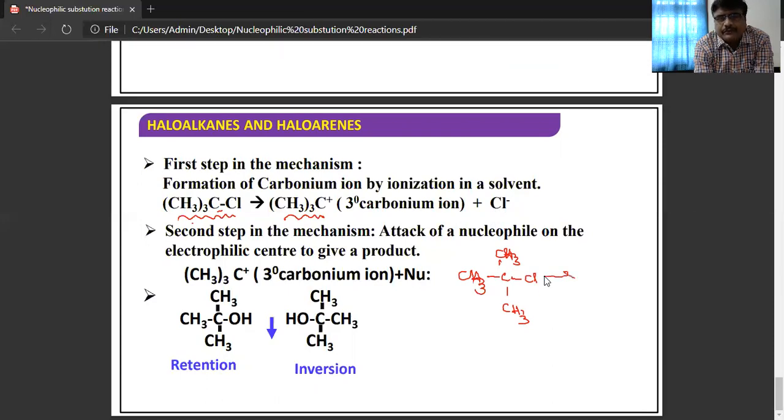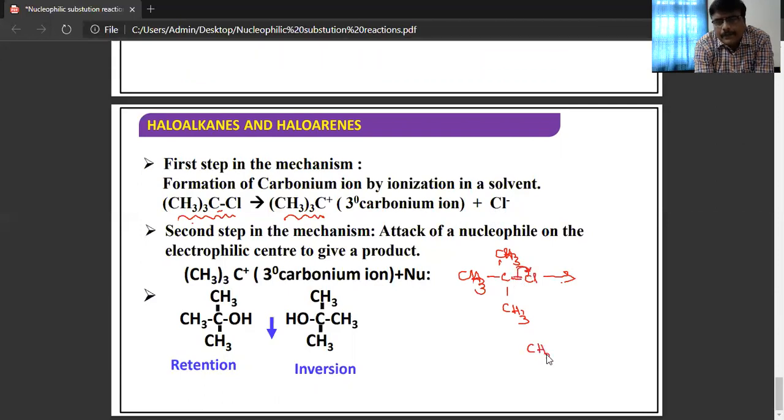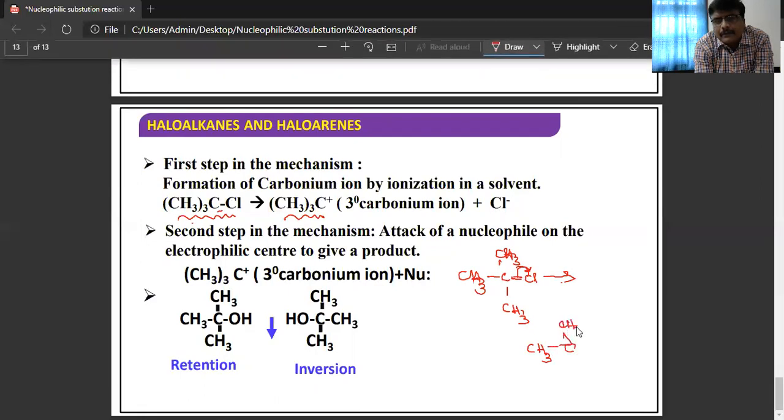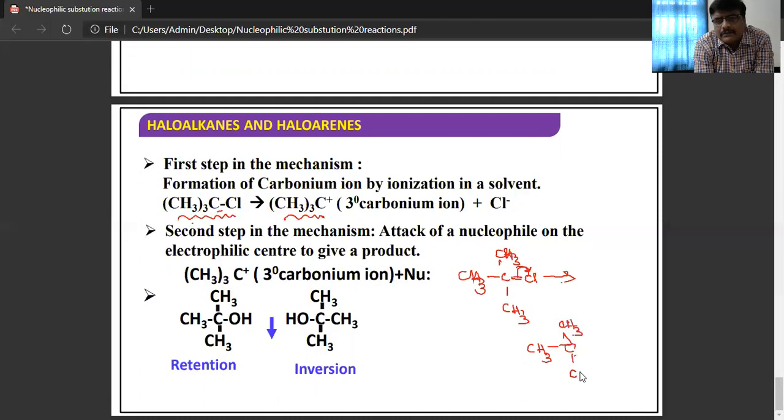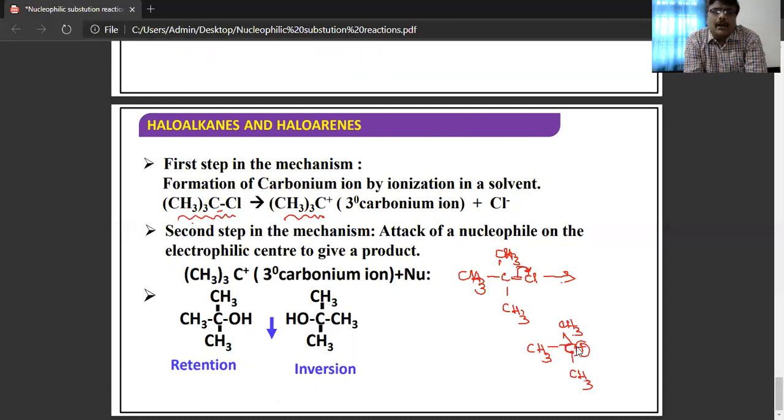On ionization, the bonded electrons move towards chlorine, and the positive charge is developed on carbon. So this is the tertiary carbonium ion.